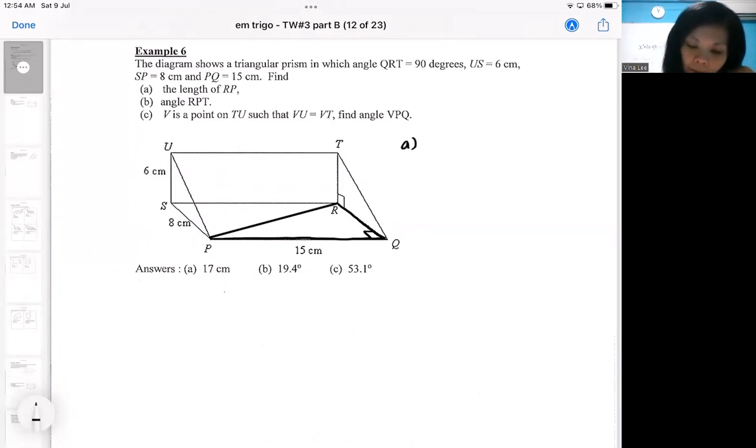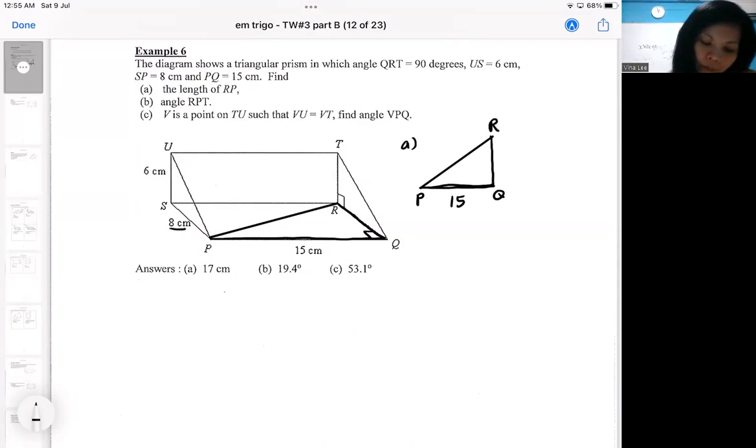So for part A, right, I'm going to draw it this way. I'm going to draw PQ here. I'm going to draw RQ. RQ confirm will be an 8. And this is the 90 degree.